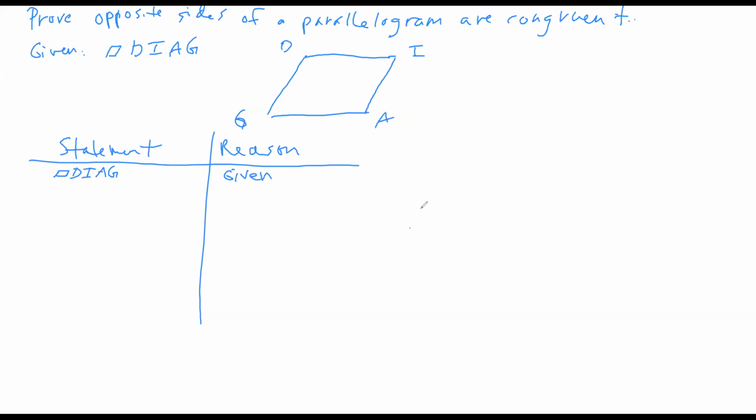Now, what we know about parallelograms, all those other theorems we said are going to need to be proven, but the one thing we know from the definition of a parallelogram is opposite sides are parallel. So we can now say that DI is parallel to GA and DG is parallel to IA.